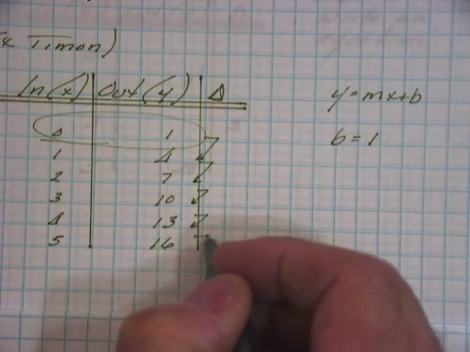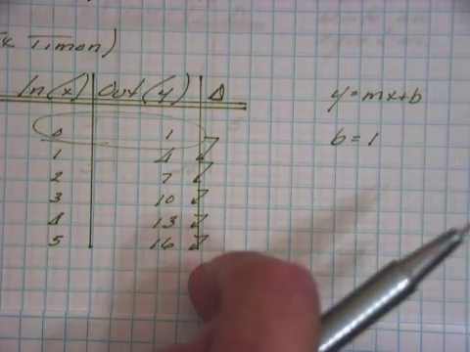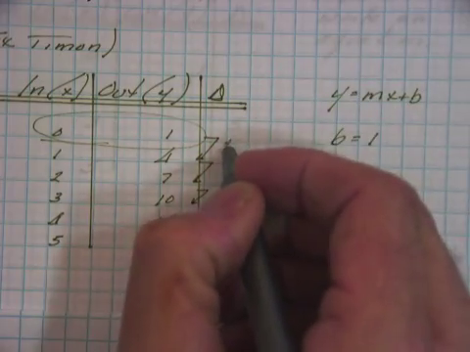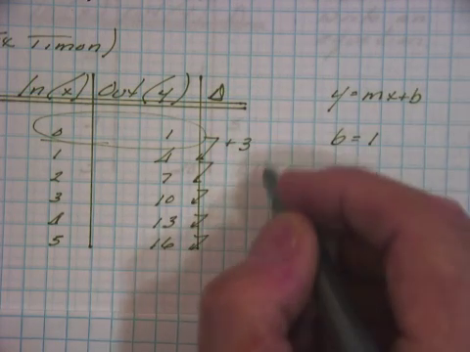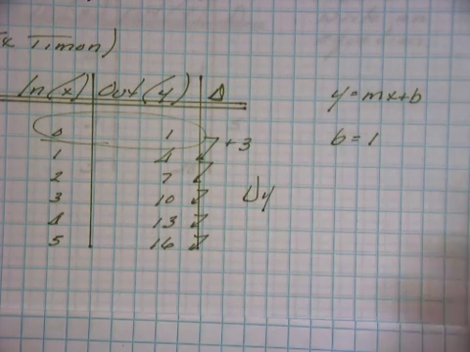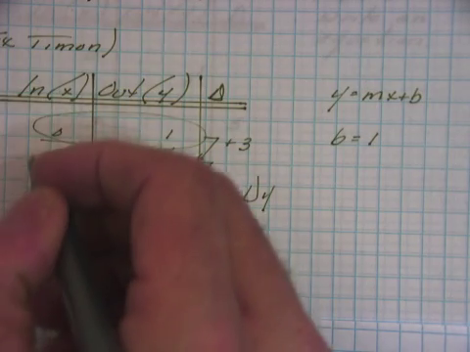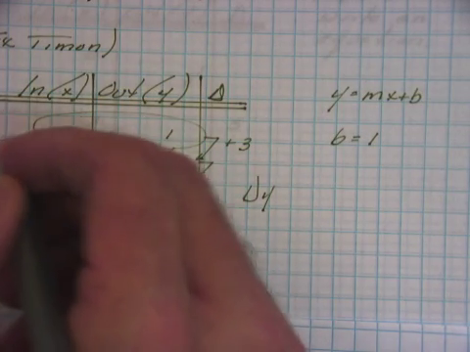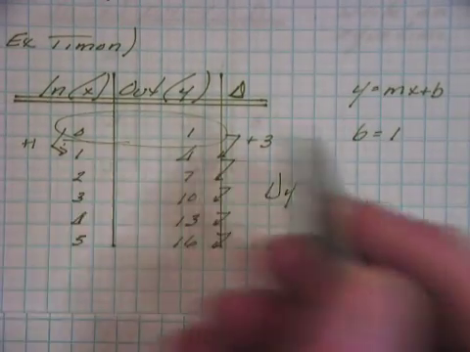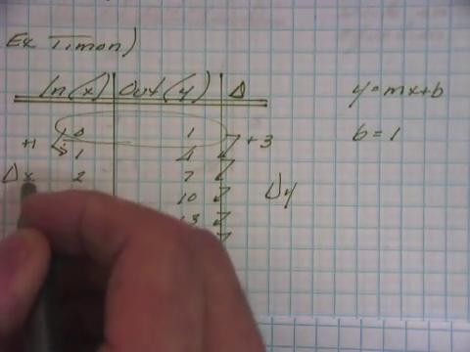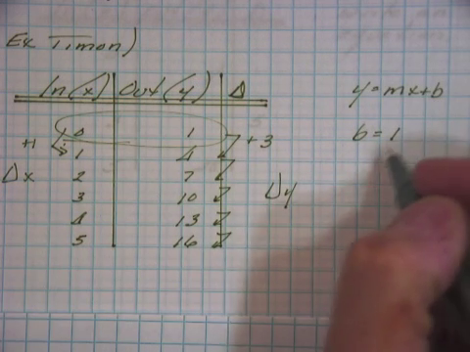You can see this is a very consistent change of plus 3. So that is our delta y when we're talking about slope. And on this side, it's a very consistent plus 1, showing that our delta x is 1.